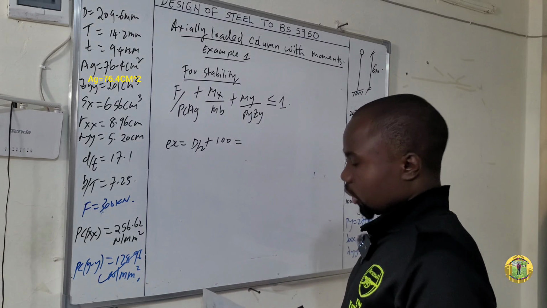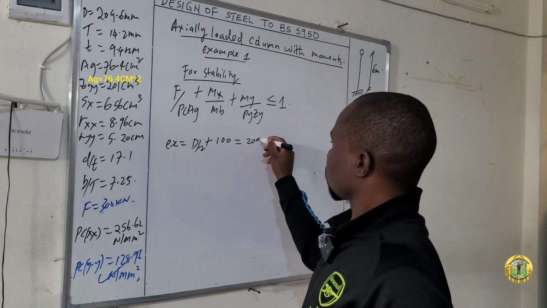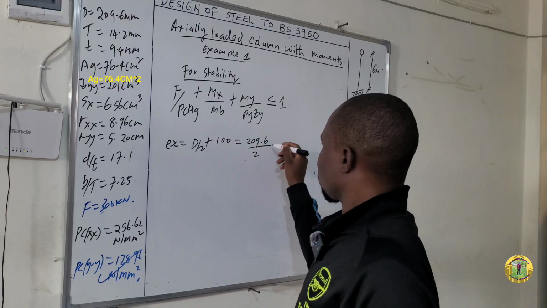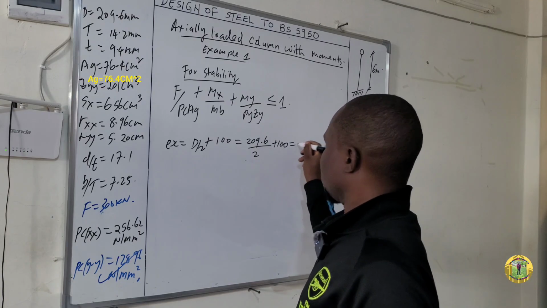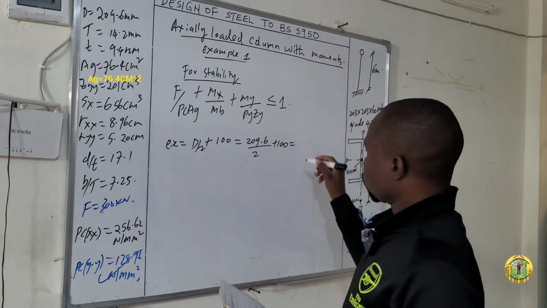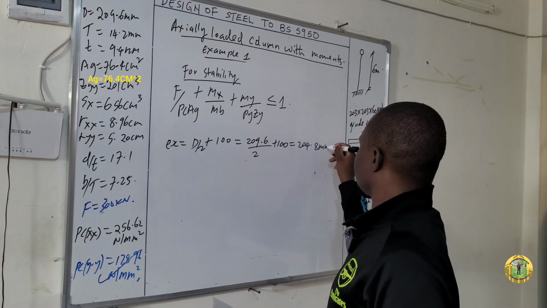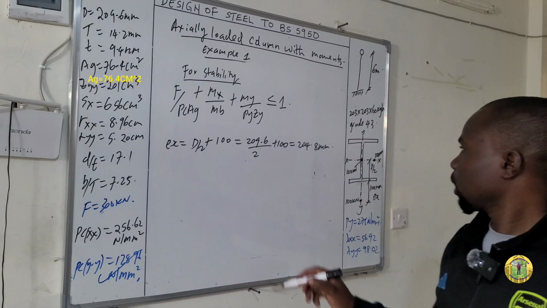Our D over 2 is 209.6 over 2 plus 100. So this one is equal to 204.8 millimeter.